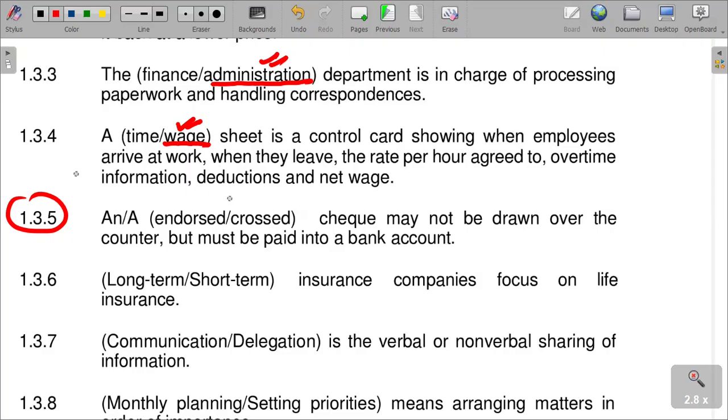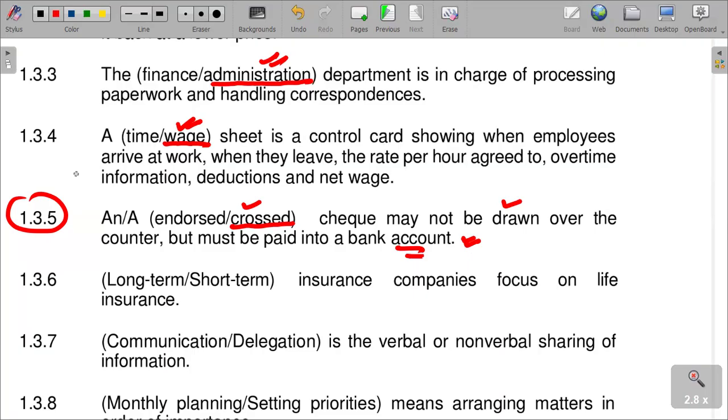I'm sure that under the topic of finance and banks you remember that when a check is crossed, it cannot be drawn over the counter, but it must be paid into a bank account. That is exactly what we are talking about in that case.